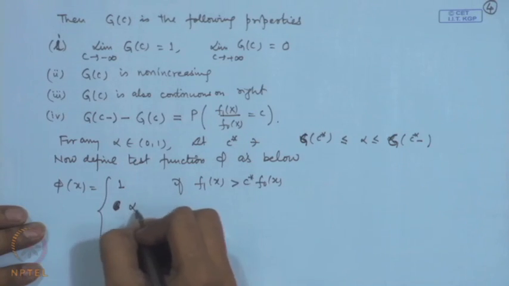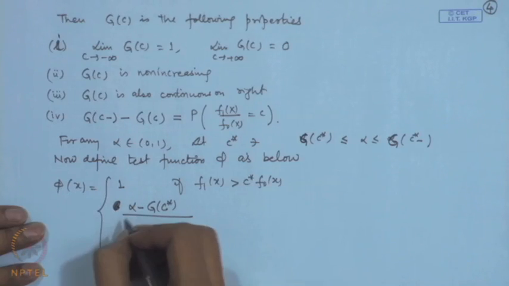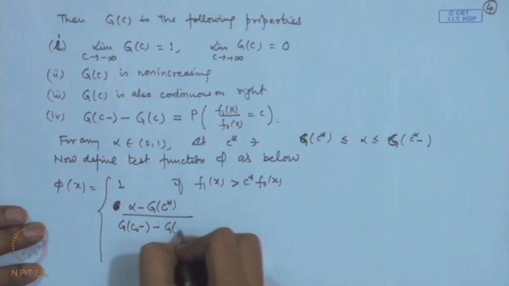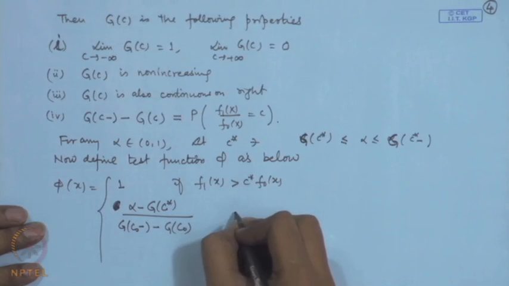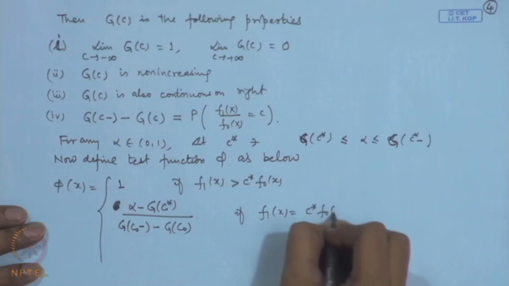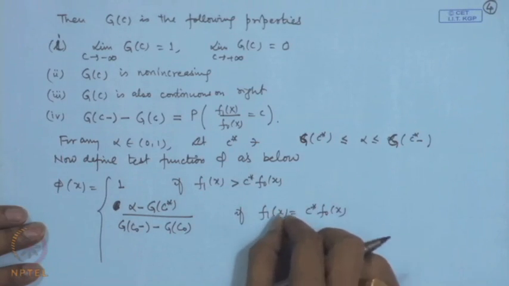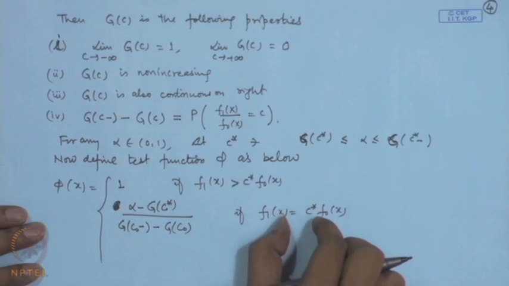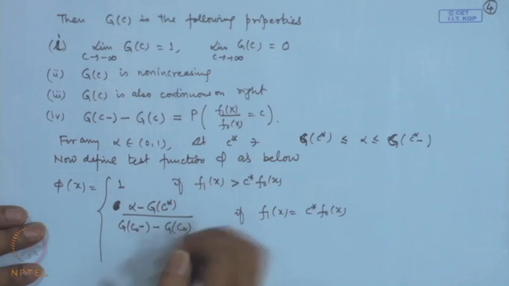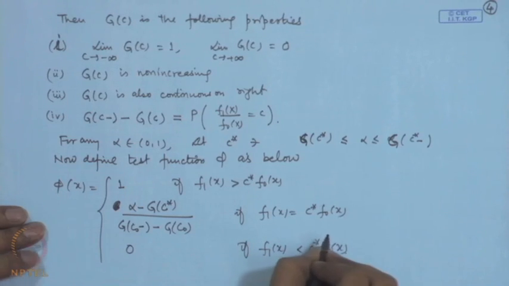So, this is alpha minus g c star divided by g c naught minus g c naught, if f 1 is equal to c star f naught x. So, this is the randomization part, because in the discrete case there may be a positive probability of this thing. So, there we are assigning a value and it is equal to 0 if f 1 x is less than c star f naught x.